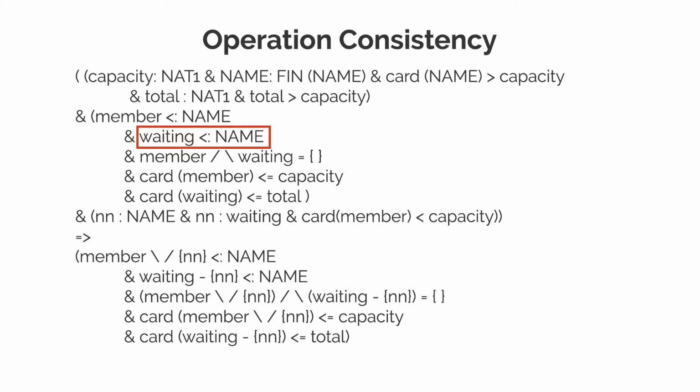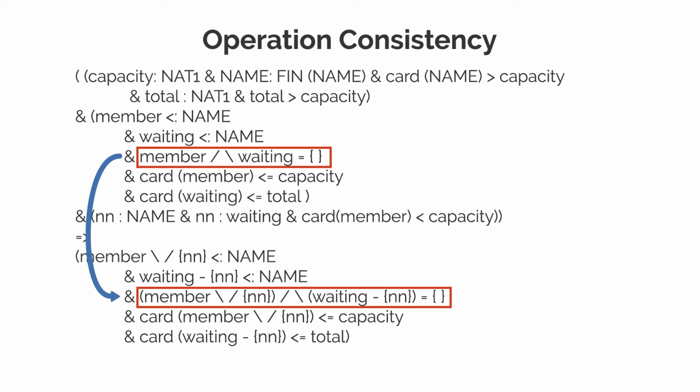Then, of course, removing an element of weighting, like NN, will give us still a subset of name. Next, we have in the left-hand side that member intersection weighting is the empty set. Given this, we know that removing an element of weighting and putting it into member will give us still an empty intersection.